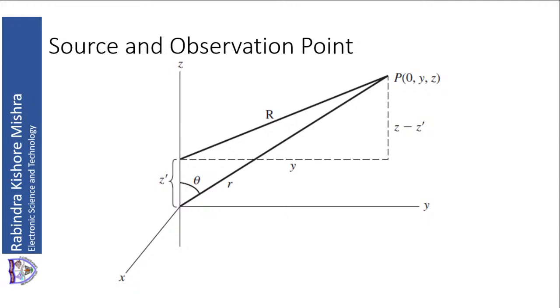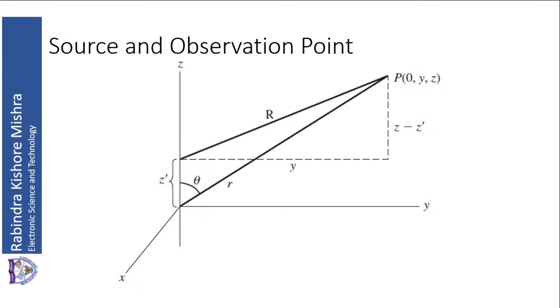At the meeting point, the y coordinate will be y, because the y coordinate of P is y. Since that line is perpendicular to the y-axis, everywhere along that line the y value will be y. So that is that.